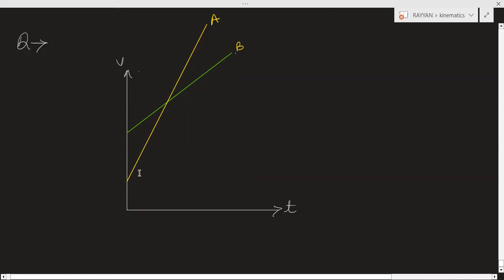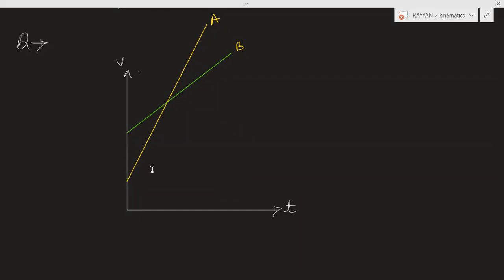You have to tell which body will have the more acceleration. Let's try. B. Okay, we will check.